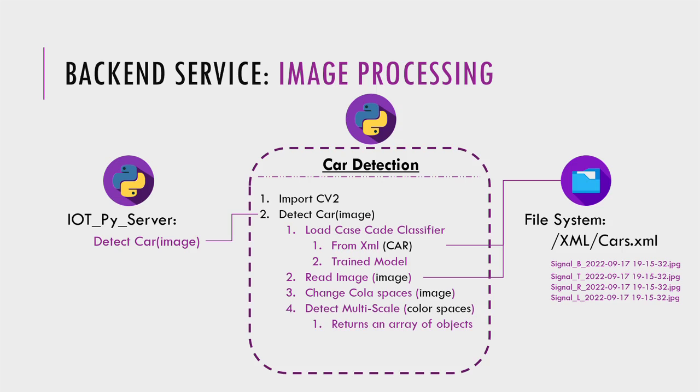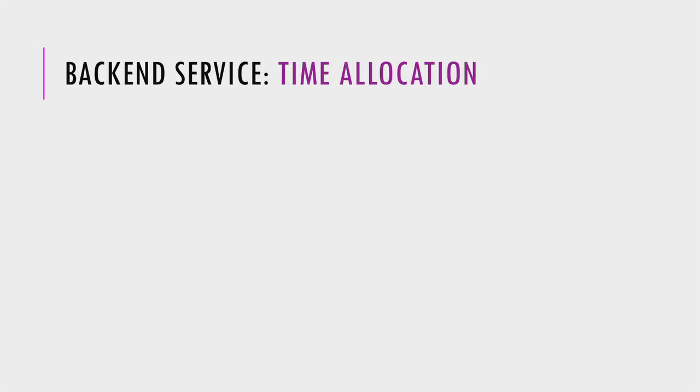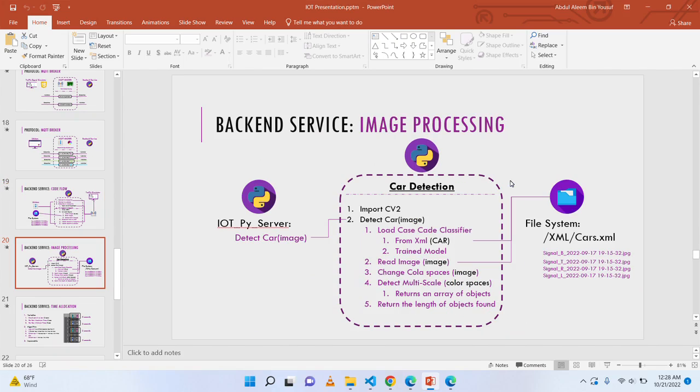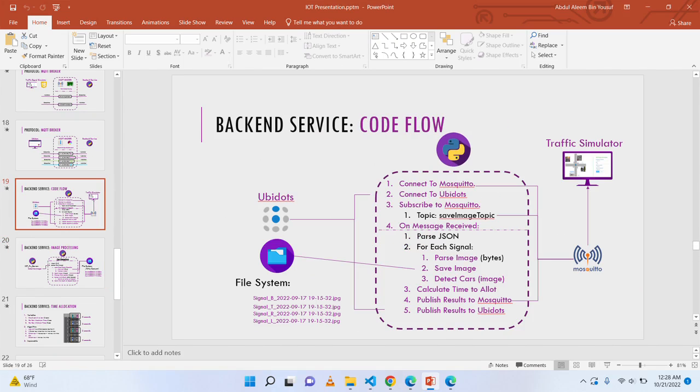Then it returns the number of objects it detects. Basically it is the outcome we need from this whole module, the number of objects it detects. So we return the length of the objects found, and it will be used in the previous part here. So I hope you understand now.